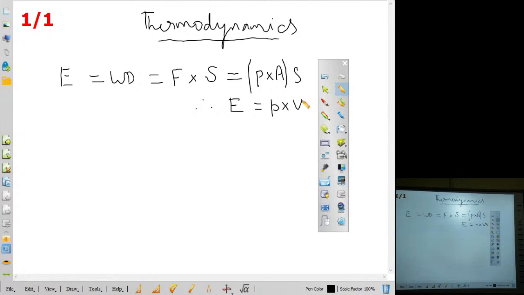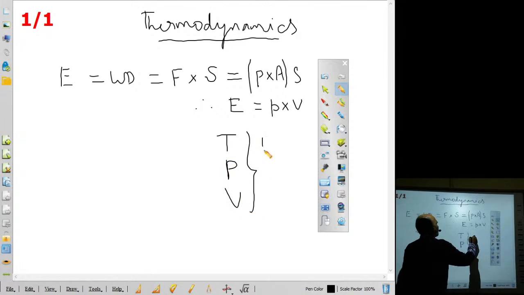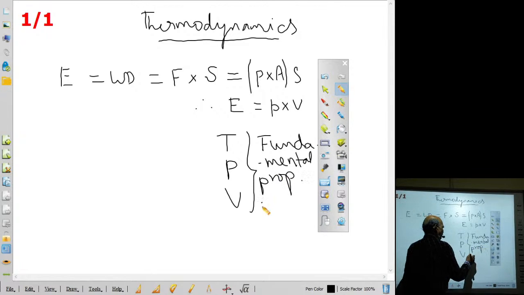So temperature, pressure and volume should be involved. And this temperature, pressure and volume combination are known as the fundamental properties of the system.